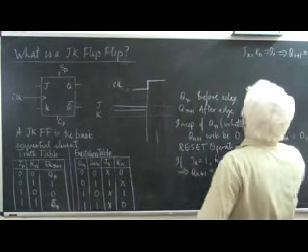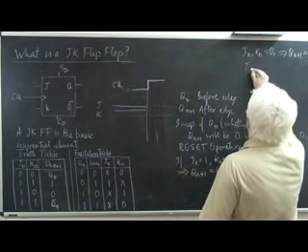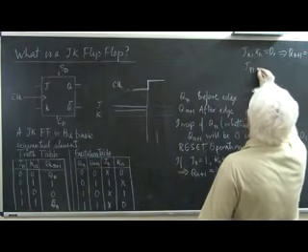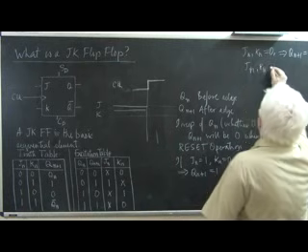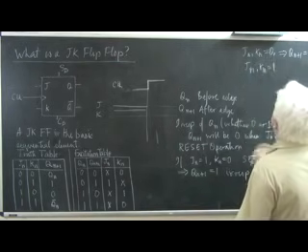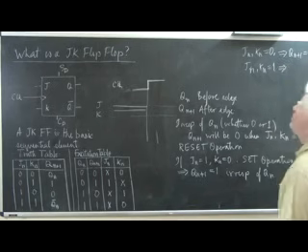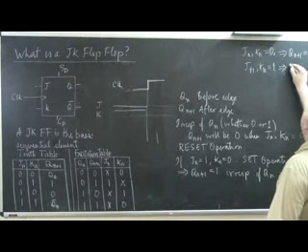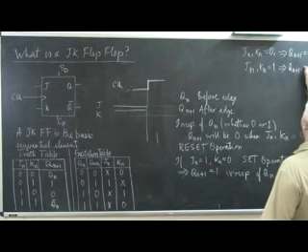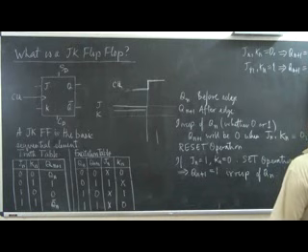The last option is to keep both Jn and Kn equal to 1. And this forces a reversal of the output state. That is to say, Qn plus 1 equals Qn bar, the complement.